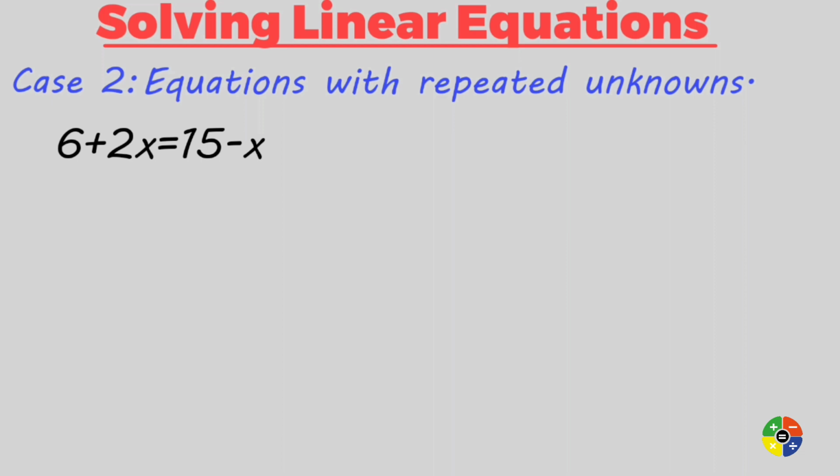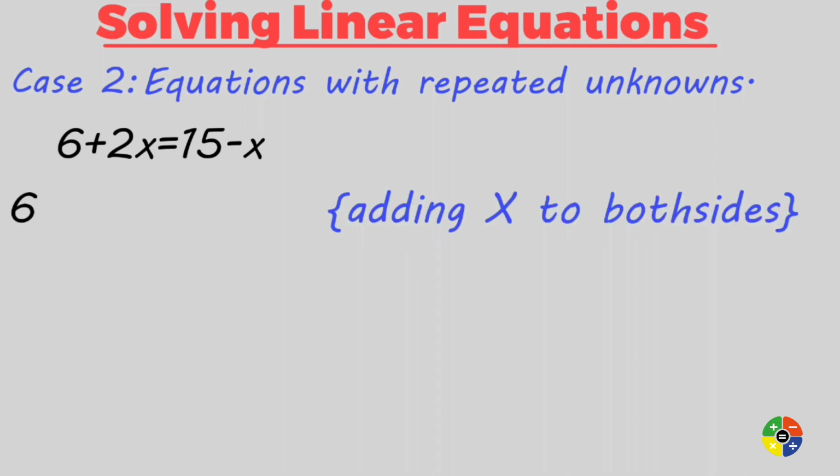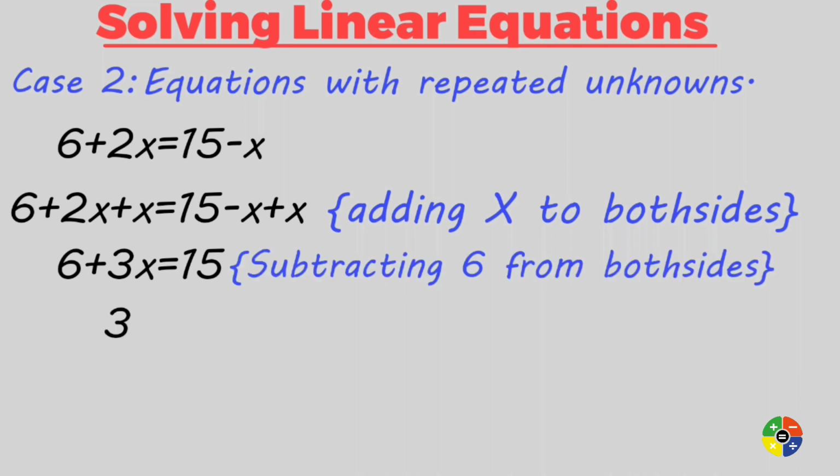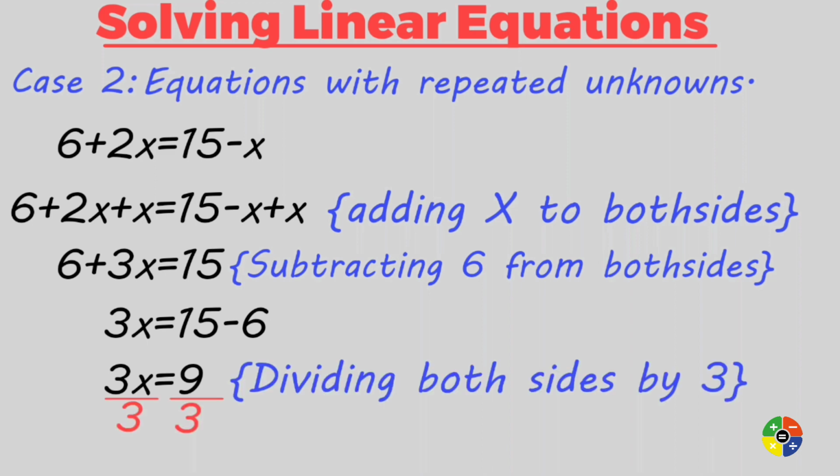This is because adding x is the inverse of the operation -x, and we get 6 + 2x + x = 15 - x + x. The terms in x cancel out from the right-hand side, and we are left with 6 + 3x = 15. Subtracting 6 from both sides, we get 3x = 15 - 6, which boils down to 3x = 9. Finally, dividing both sides by 3, we arrive at x = 3.